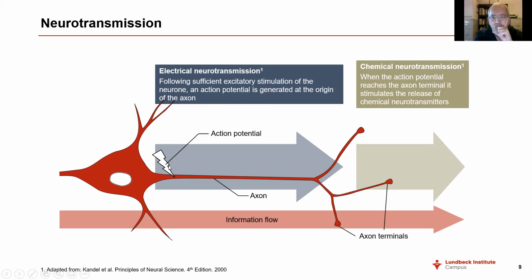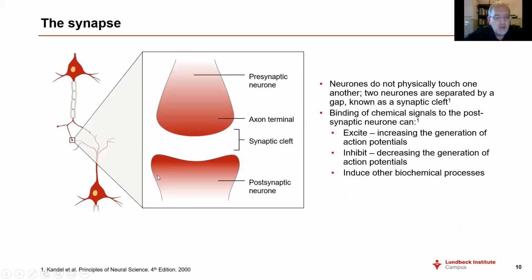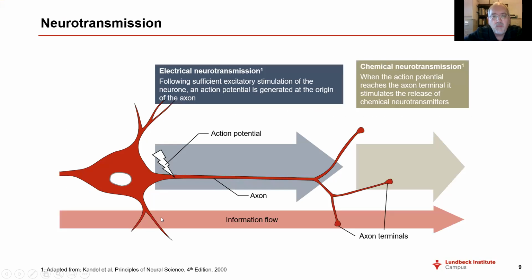This is the neuron itself, and these are the axon terminals. Every neuron has three parts. It's called a neuron, but actually the neuron is just the head part of it.